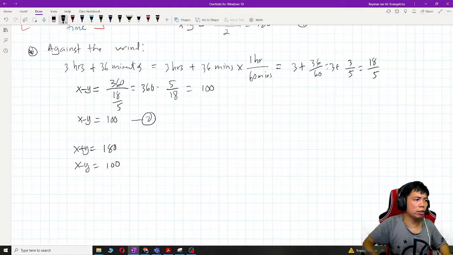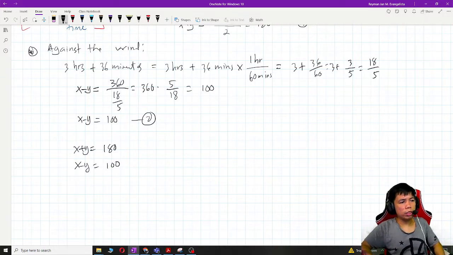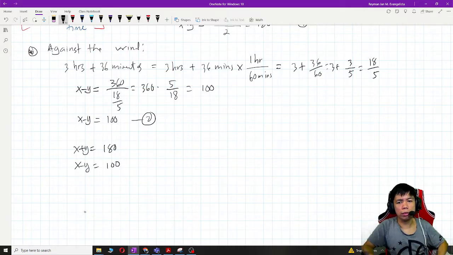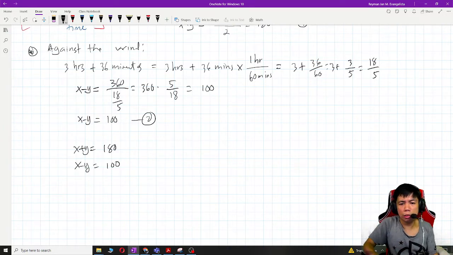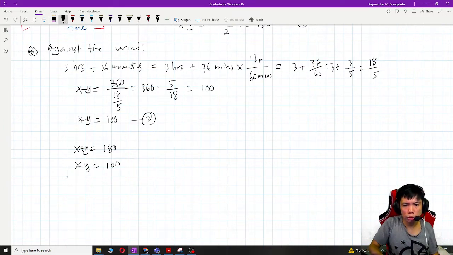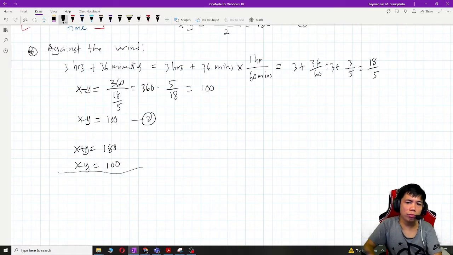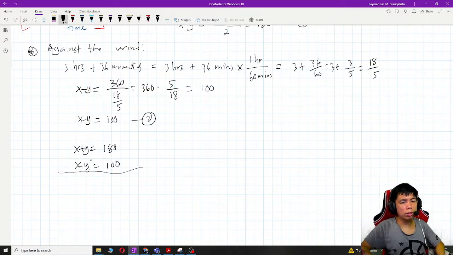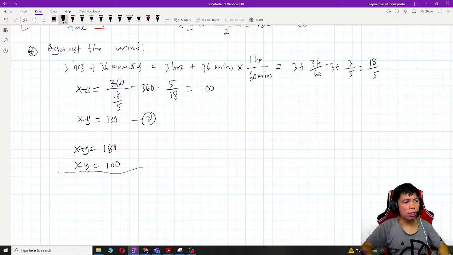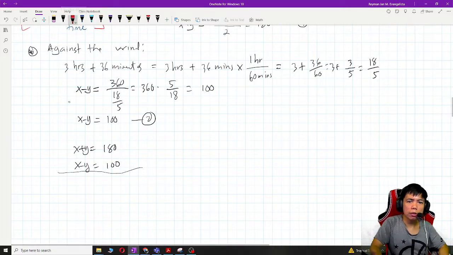Sa past subjects nyo, you can use elimination, substitution, comparison method. Here, para mas mabilis, I will use elimination. Kung mapapansin niyo, yung sign ng y ay magkaiba, plus minus. So ang gagawin niyo lang is to add the equations, yung left to left and then right to right.